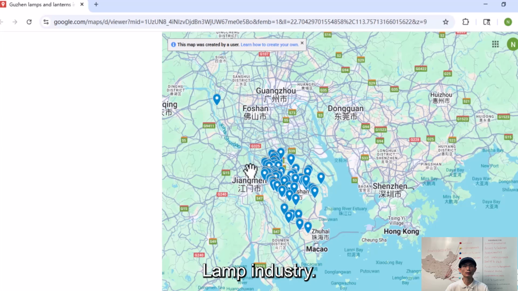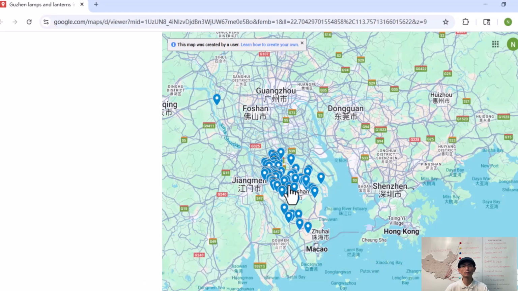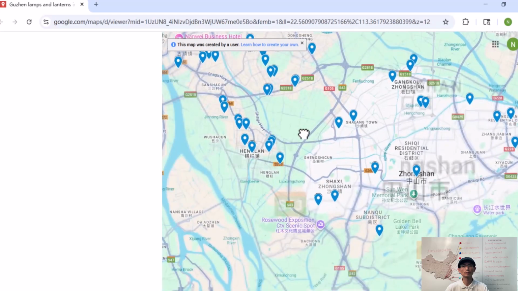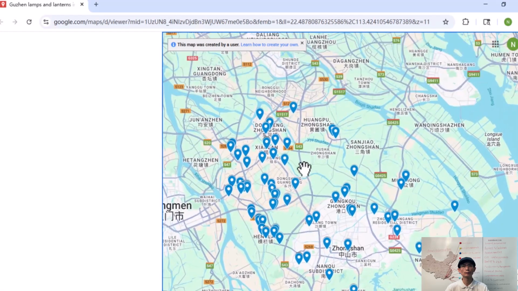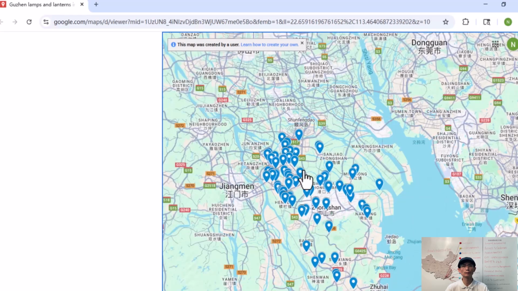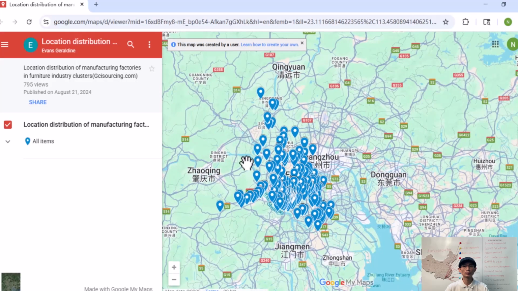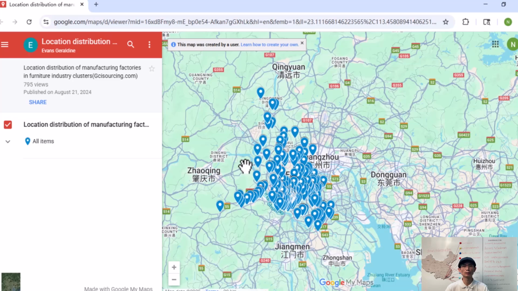Lamp industry. More than 10 years of operating history of the factory is mainly distributed in Zhongshan. Furniture factories with more than 10 years of operating history.